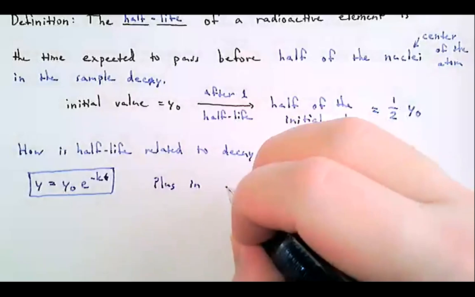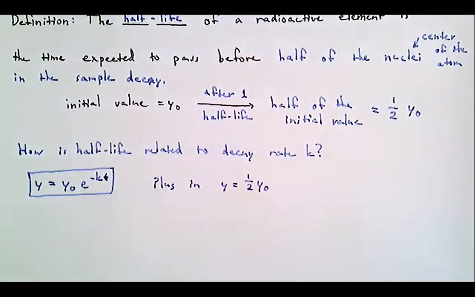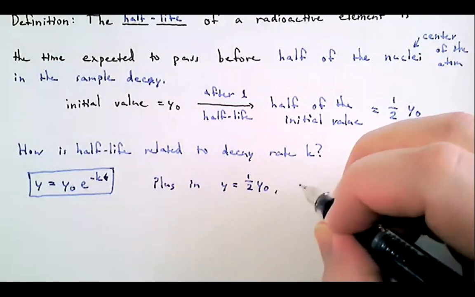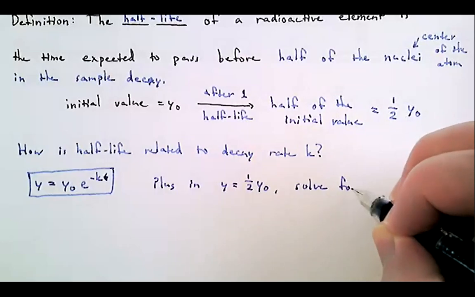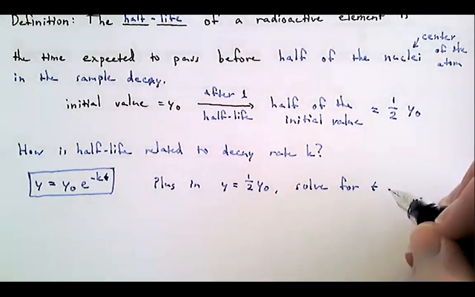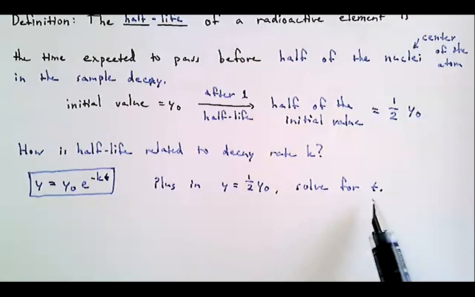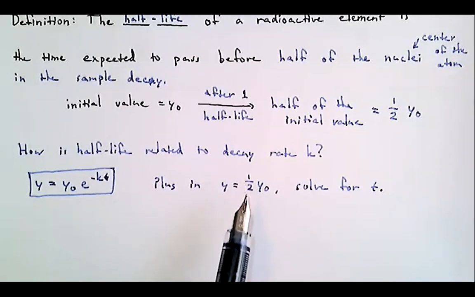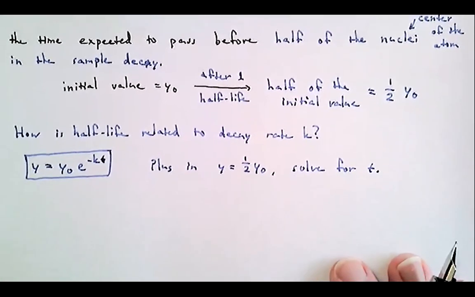So plug in y equals 1/2 y0 and solve for t. So once I do this little bit of algebra, it'll tell me the solution, the amount of time that went by in order for half to be left, or half to actually have decayed, depending on which perspective you want to take.